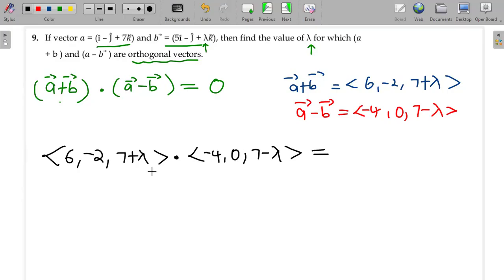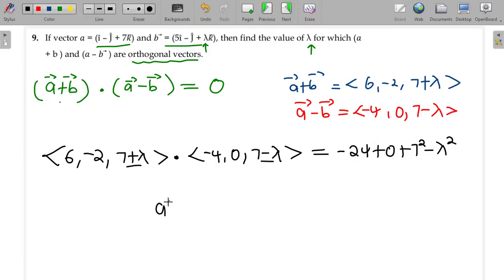This here is going to give me 6 multiplied by minus 4, so that would be minus 24. Minus 2 multiplied by 0, that would be plus 0. And then this multiplied by this, what am I going to get? Because this is just a difference of two squares, it's going to give me plus 7 squared minus lambda squared.